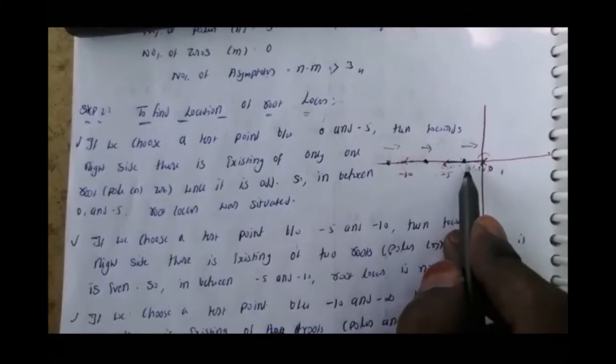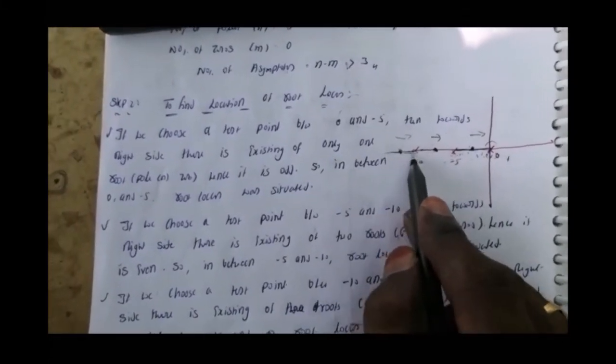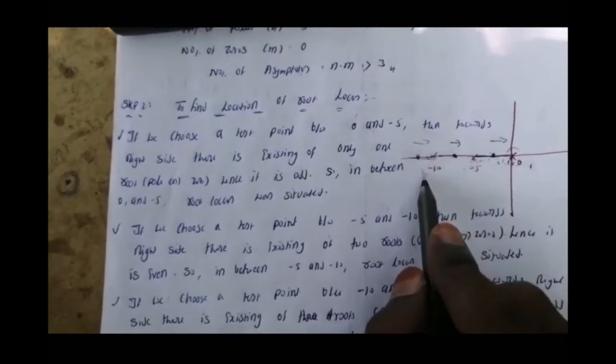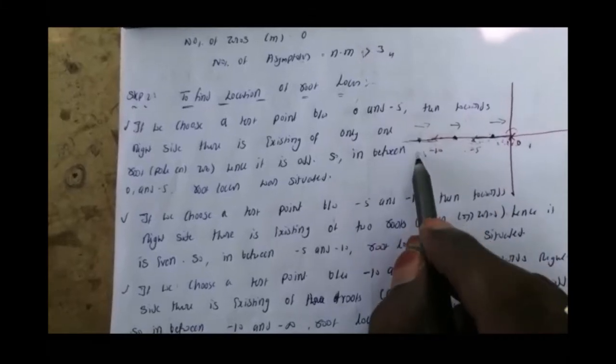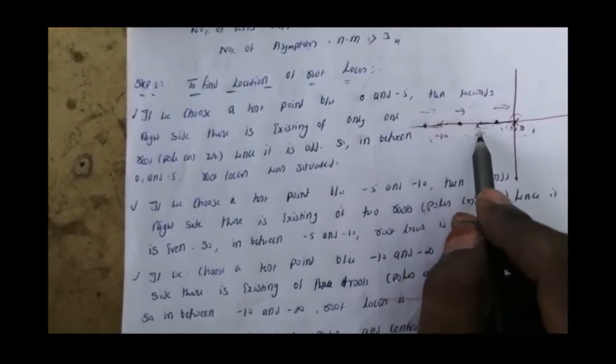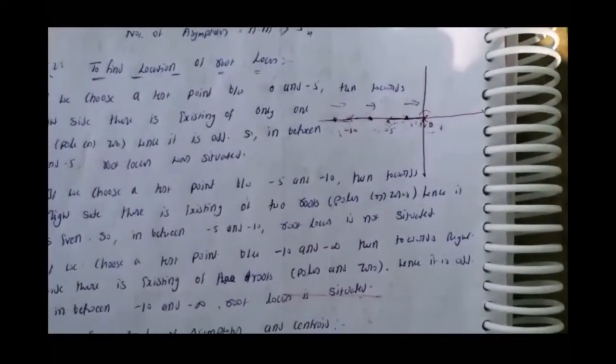Three is an odd number, so a root locus exists between minus 10 and minus infinity. So out of the 3 possibilities, one root locus is between 0 and minus 5, between minus 5 and minus 10 there is no root locus, and there is one between minus 10 and minus infinity.